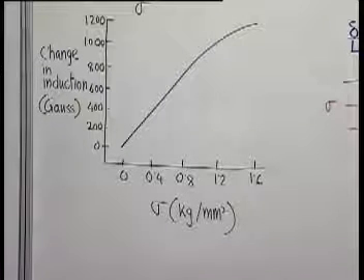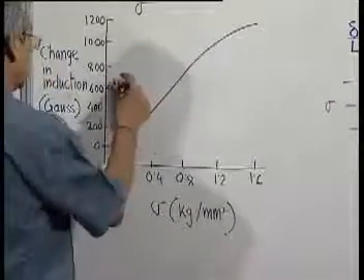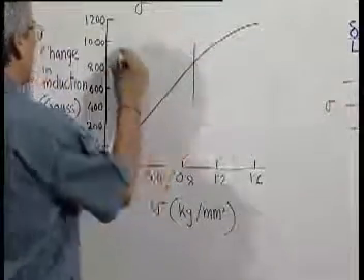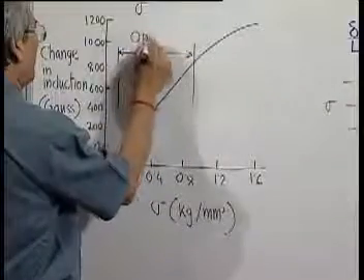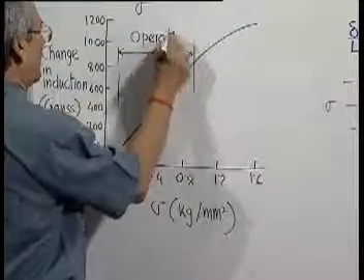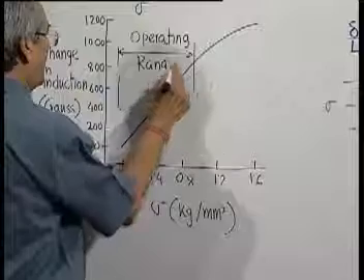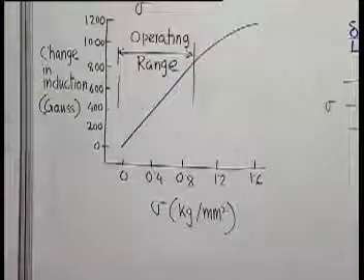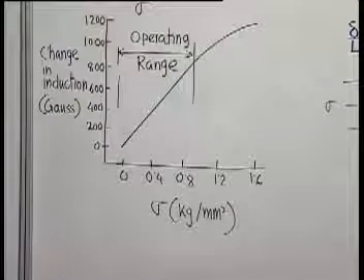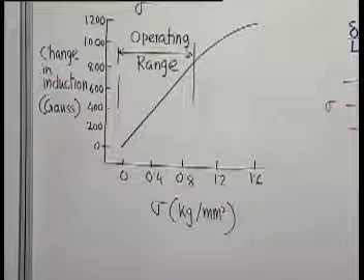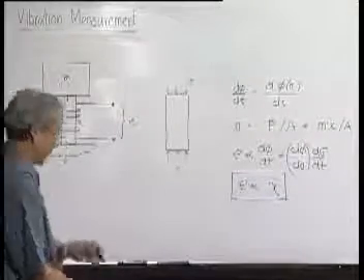So you can see that the operating range could be very easily this. Of course, you can understand that if you have to attach it to the main vibrating body, this becomes a contact type pickup.